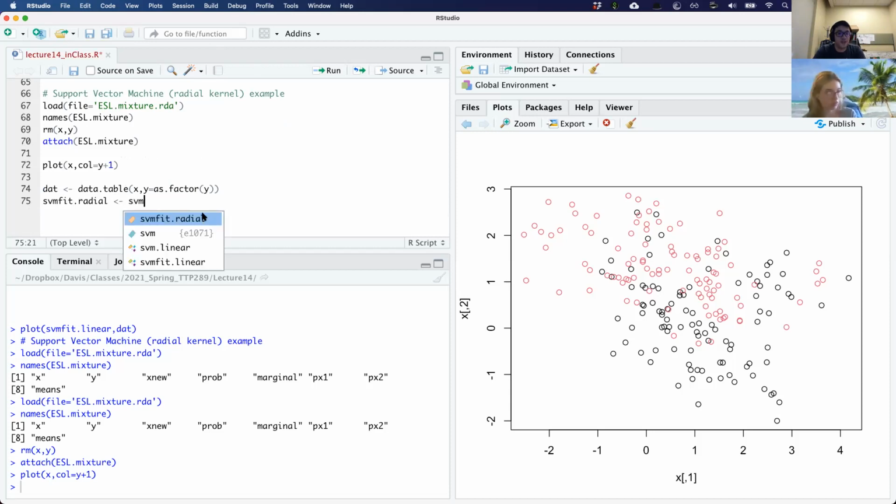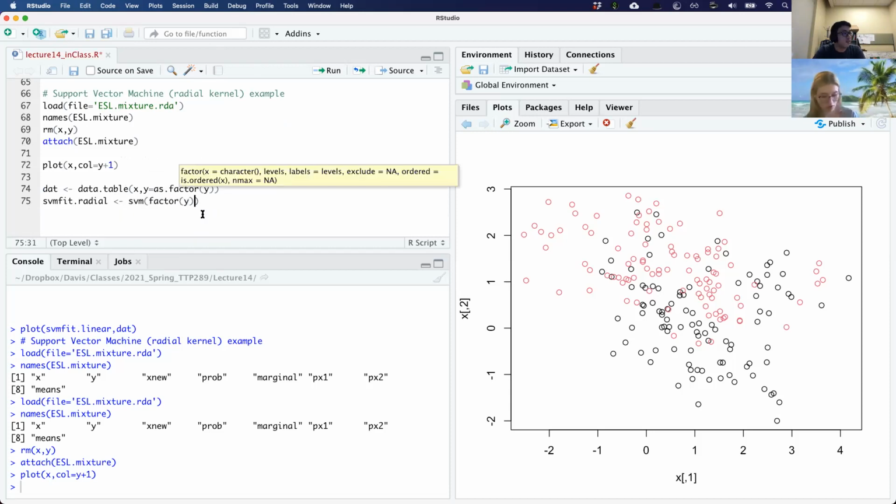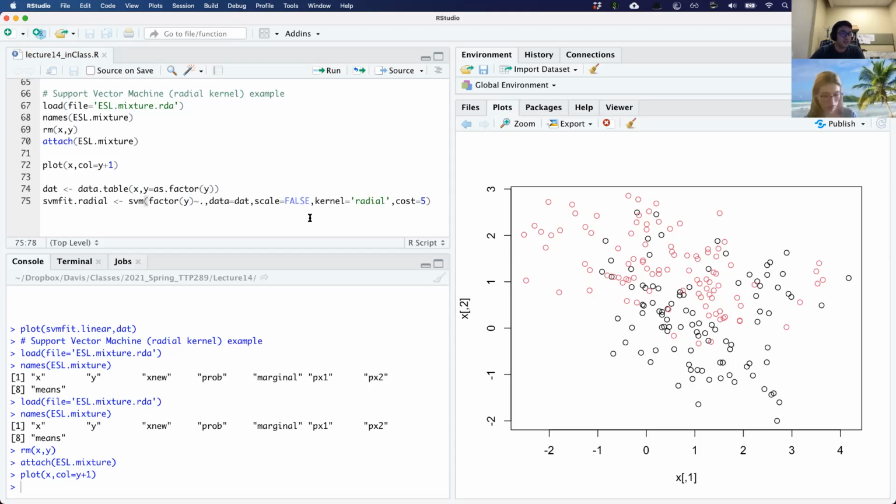Okay, so we're going to fit this new one. We're just going to use a radial kernel this time, and I'm going to put a cost of 5. Let's look at the summary.